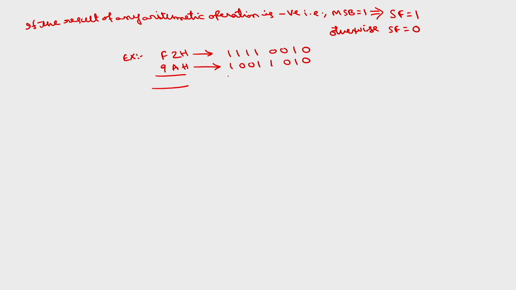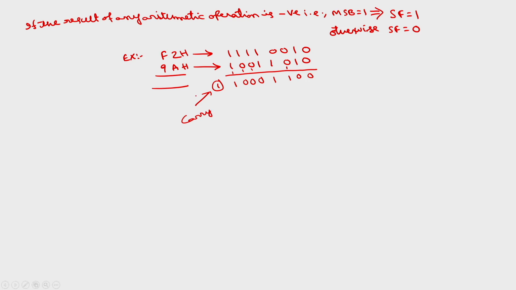So, if we add this: 0, 1 plus 1 is 1 0, 1 1, 1 plus 1 is 1 0, 1 plus 1 is 1 0, 1 plus 1 is 1 0, 1 plus 1 is 1 1. This is carry. So, carry flag will be set.